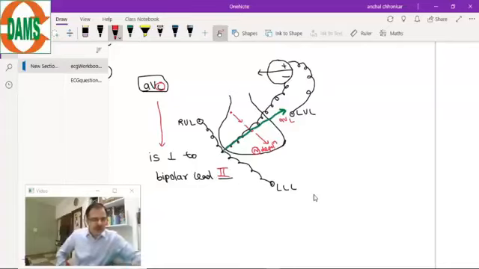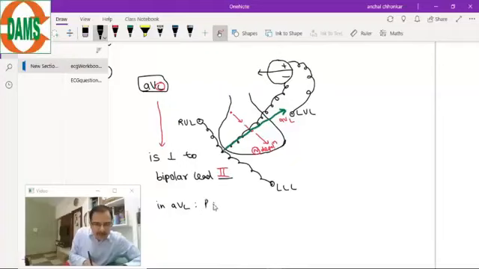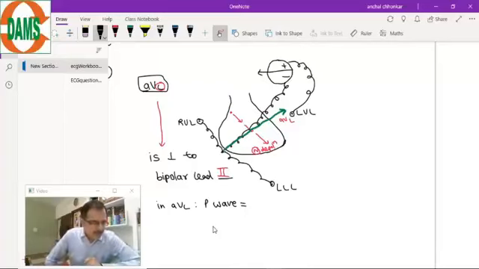Second conceptual question to you: in AVL, tell me, the P wave will be what? Positive, negative, or net zero? What will be the P wave?